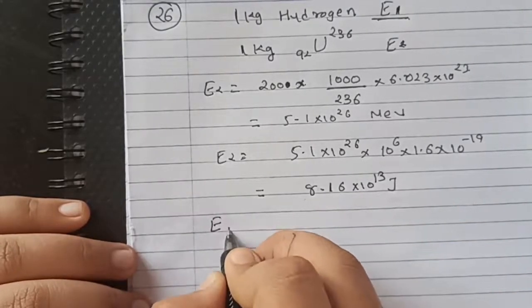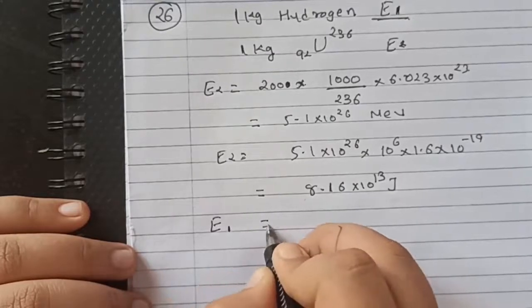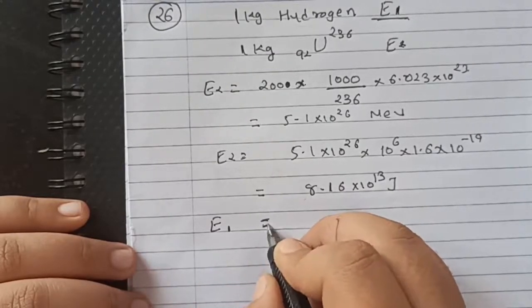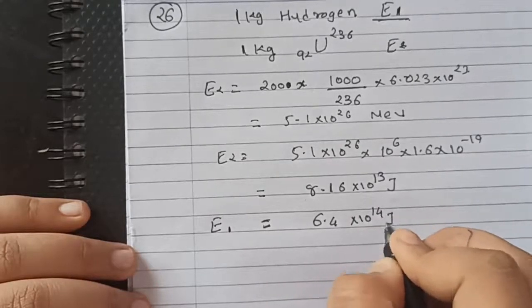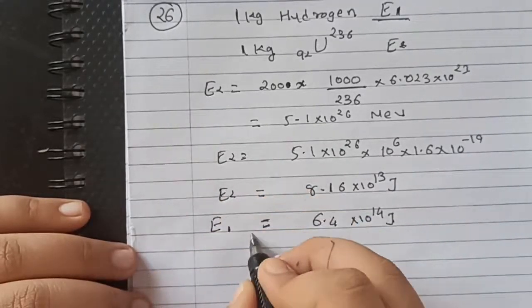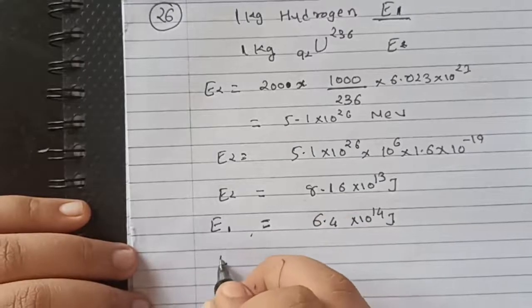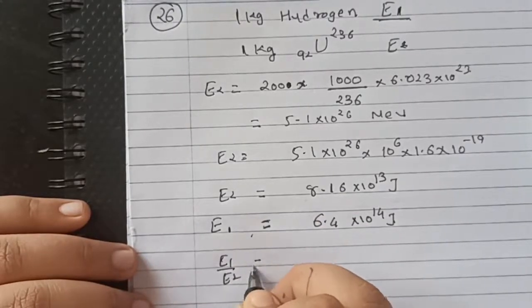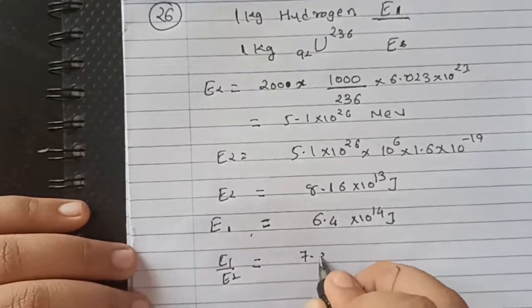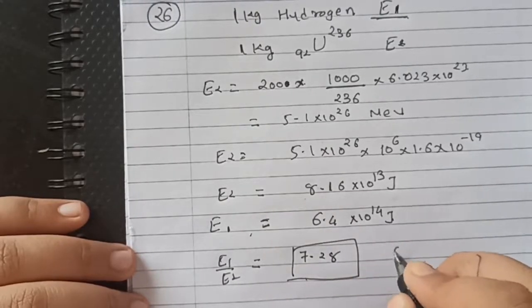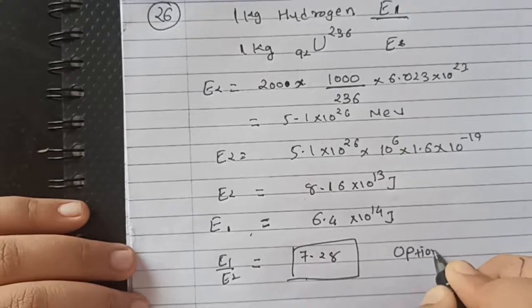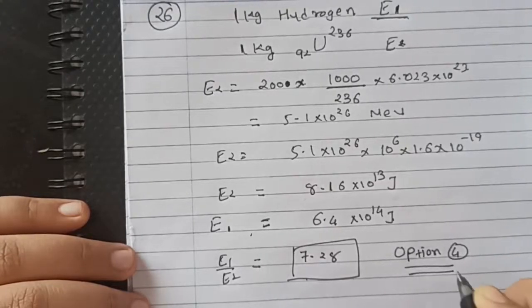And energy released in fusion of hydrogen atom is 6.4 into 10 power 14 joule. Taking the ratio of E1 and E2, E1 by E2, we will approximately get the answer 7.28. So option 4 is correct option.